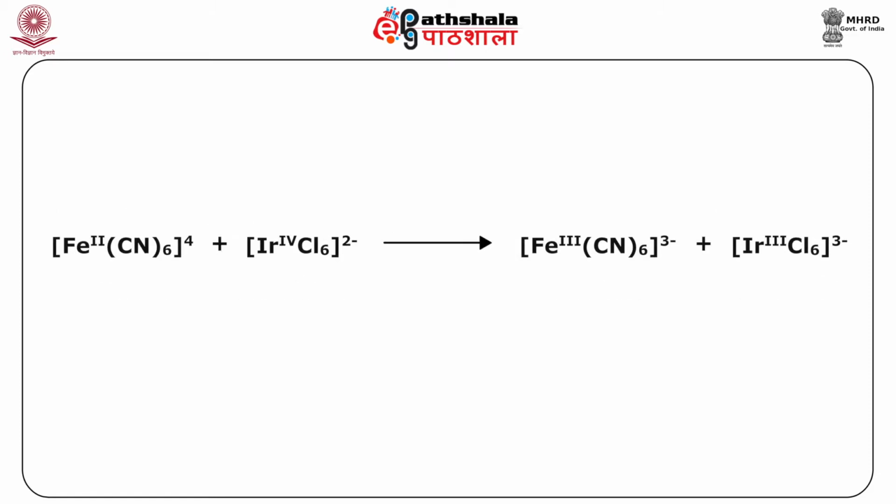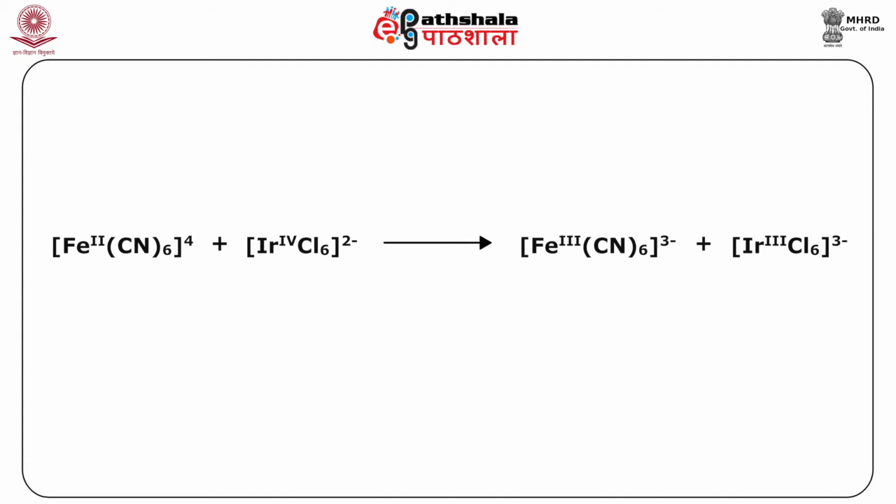The examples of outer sphere reactions are Fe2+(CN)6, overall charge 4-, reacting with iridium hexachloride, where iridium is in the +4 oxidation state, leading to the formation of Fe3+ hexacyanide, overall charge 3-, and iridium 3+ with six chlorines attached, that is IrCl6, with iridium gone to the +3 oxidation state.